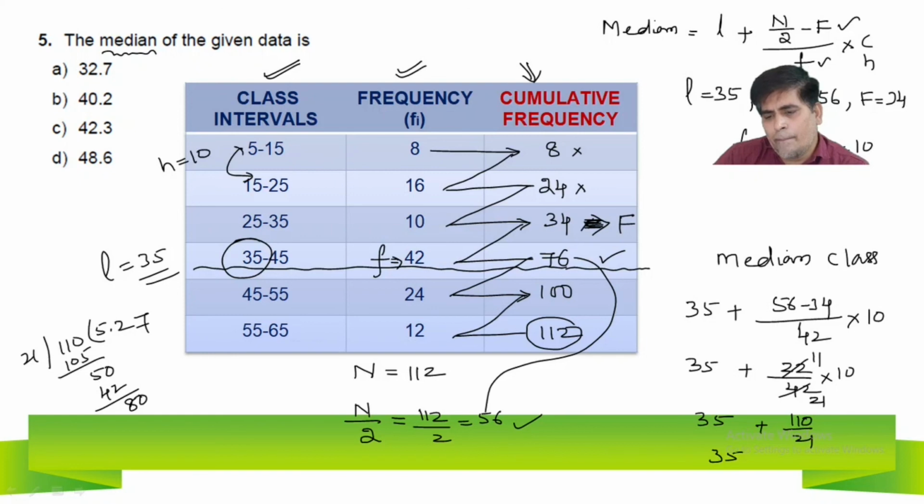So 35 plus 5.27, if I add, I'm getting 40.27. Which is the nearer value? 40.27 is nearer to 40.2. So this will be the right option here. Here we are choosing option B.